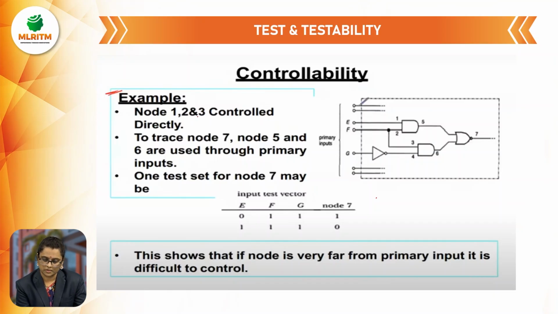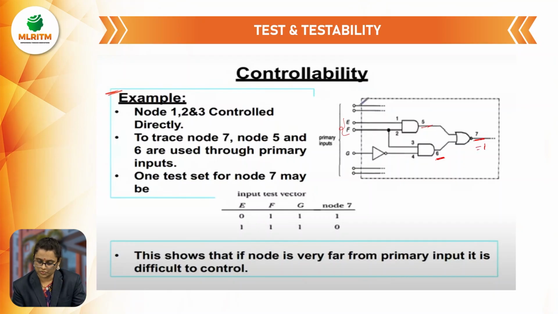Here nodes 1, 2 and 3 are controlled directly, by using the primary inputs E, F. To trace node 7, nodes 5, 6 are used through these primary inputs. So this is for controllability.